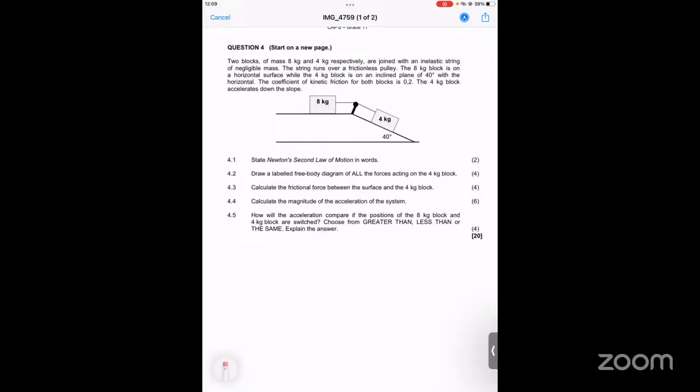Now they want you to calculate the frictional force between the surface and the 4 kg. Do you have any idea of how you would work it out? Yes, sir.